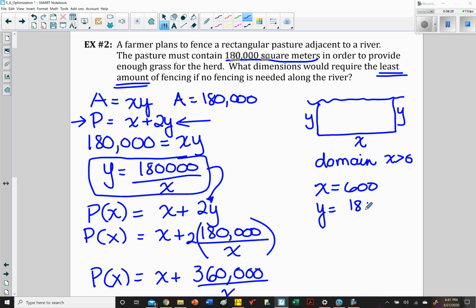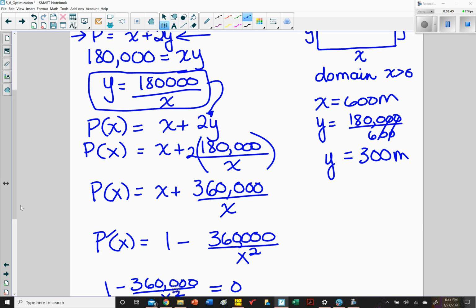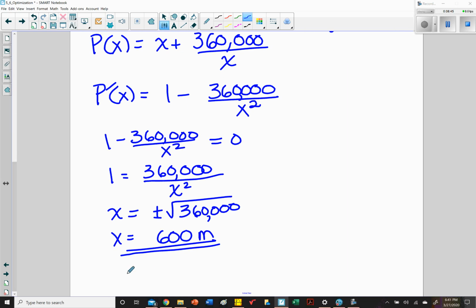Y is 180,000 divided by 600. So 6 into 1800. Y is 300 meters.